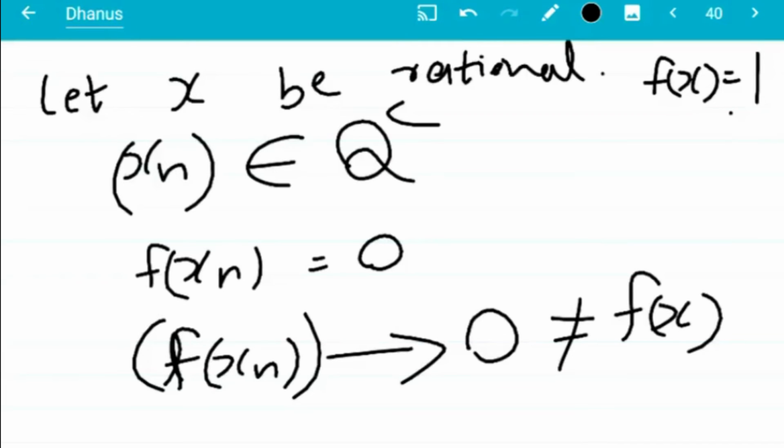rational numbers. Similarly, we choose x from irrational numbers and a sequence xn from rationals. Then f of xn will be 1 and the limit of f of xn is 1, and f of x will be 0.